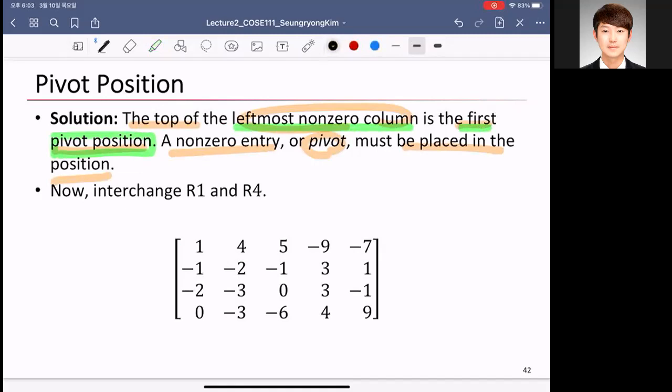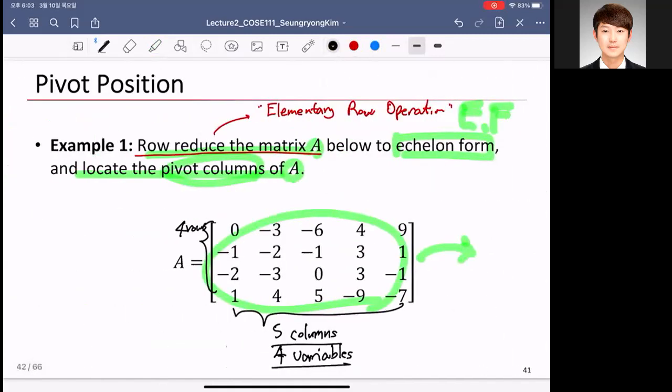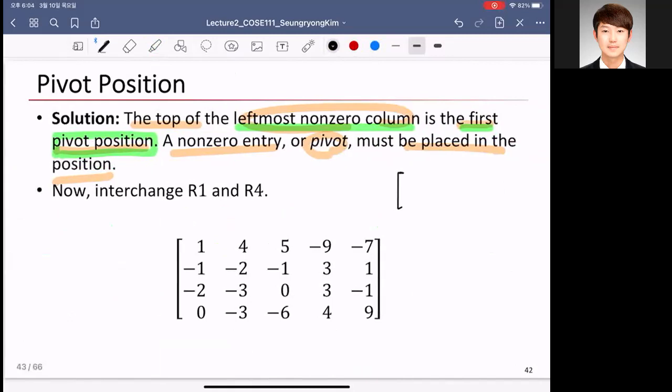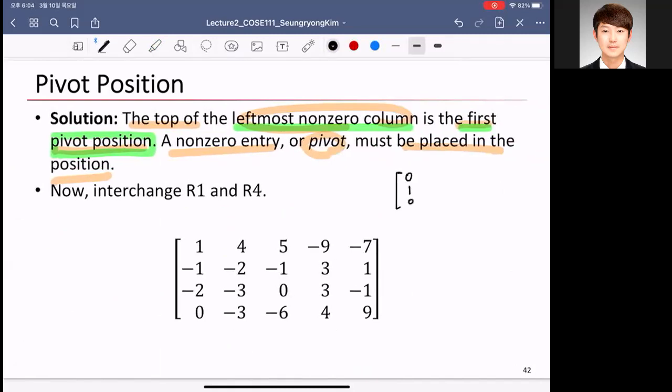If our matrix is simply represented by 0, 1, 0, blah blah, 0, 1, 1, 0, 0, 0, 0, 1, blah blah things, right?